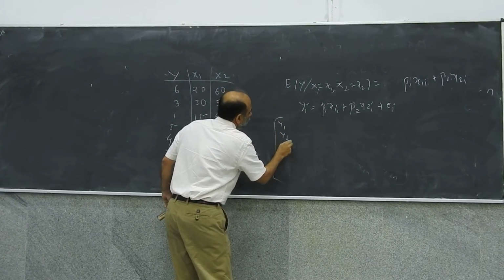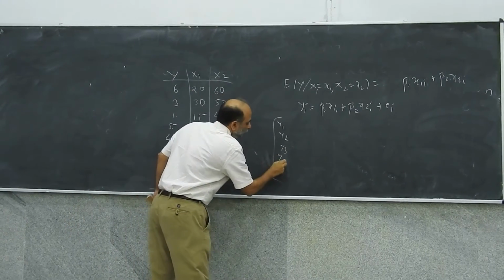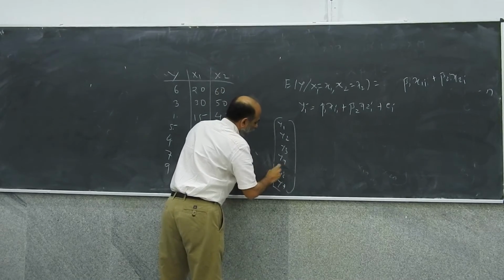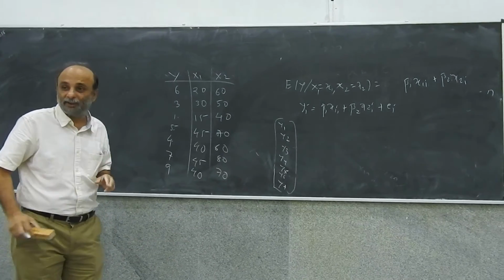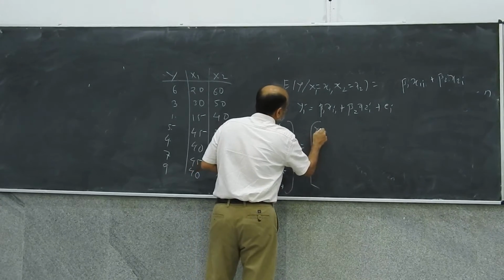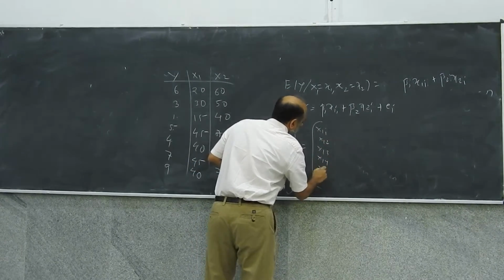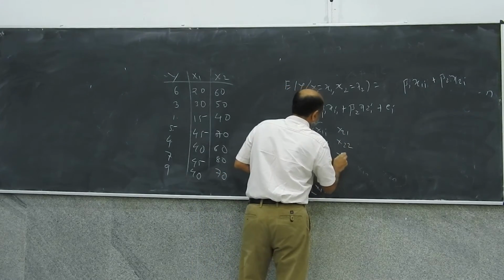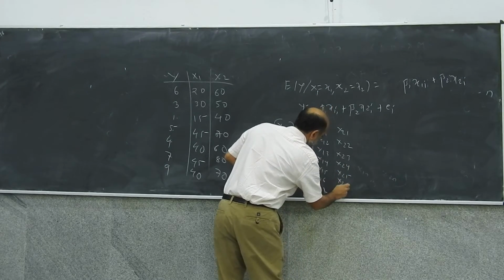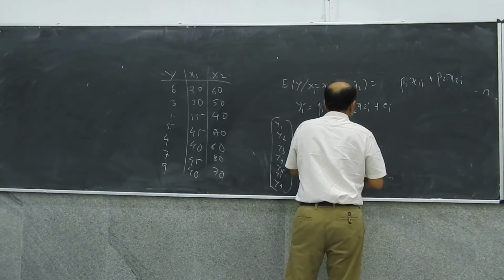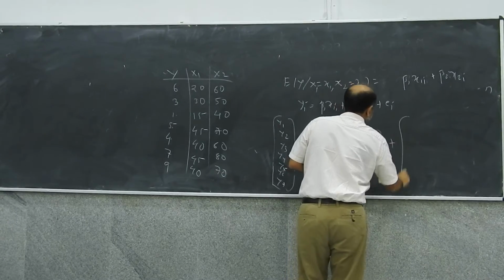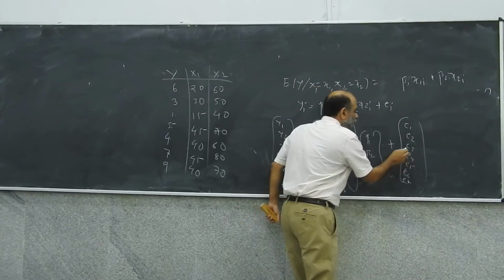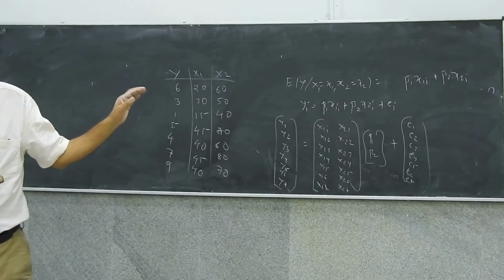So I have y1, y2, y3, y4, y5, y6, y7 is equal to the X matrix times beta, plus E1, E2, E3, E4, E5, E6, E7. This is okay because n is 7 now.